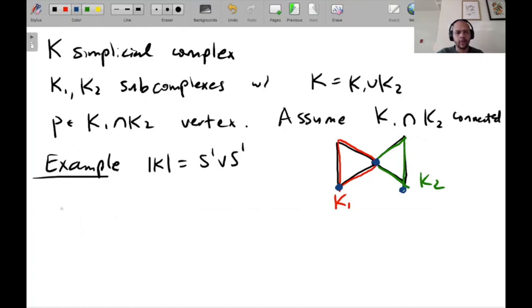the thing I want to point out now is that there are homomorphisms.